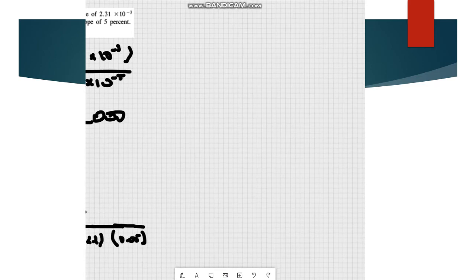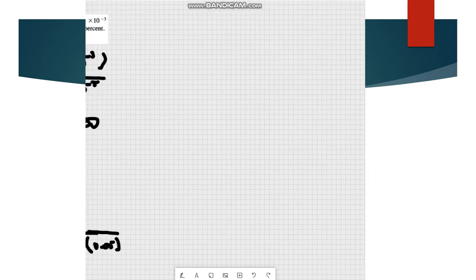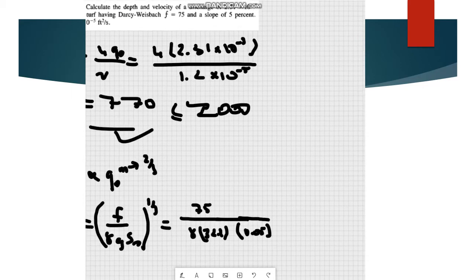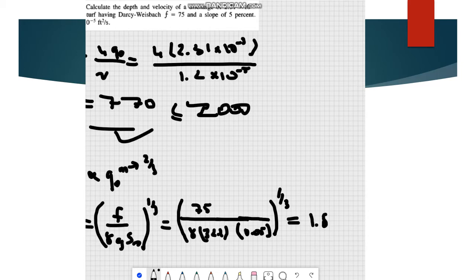Let's write it down. Close the parentheses of 1 over 3, which is equal to 1.8. 1.8 is our alpha.